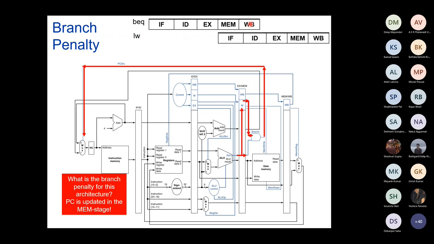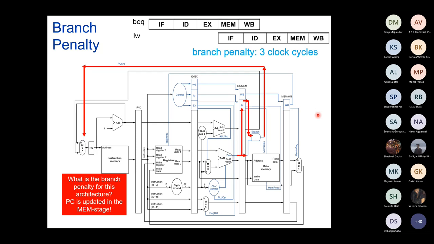So if you have to wait until the outcome is known, then you have to wait at least 3 clock cycles. At least 3 clock cycles you have to pay as penalty.